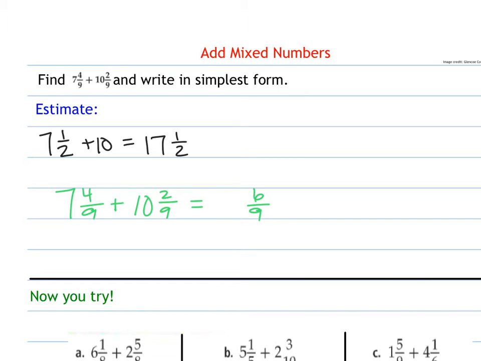So 7 plus 10, which is 17. 6/9 would simplify. We can divide both of these by 3. So that would be 17 2/3, which is pretty close to the 17 1/2 that we got when we estimated. So right there is my final answer.